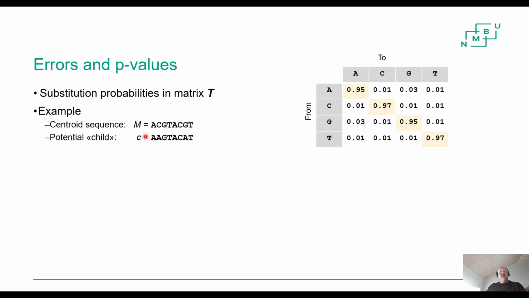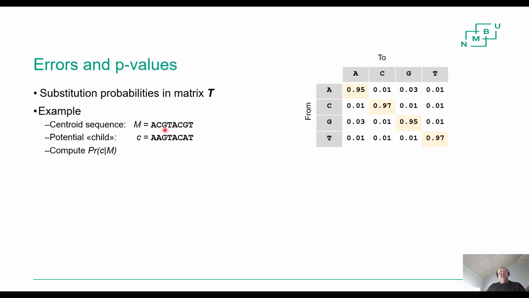So in order to find the probability of having the child given the mother, we have to look up these probabilities. If the mother has A, the child has A, that's 0.95. Multiplied with, if the mother is C, the child is A. Okay, then we have C to A, and that's very small. So now we get 0.95 times 0.01.